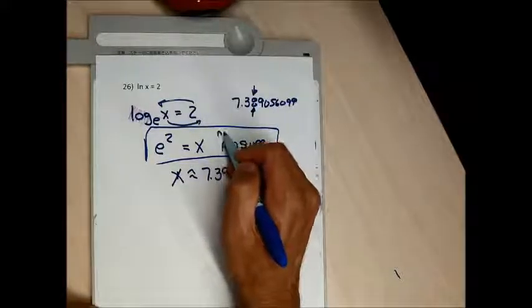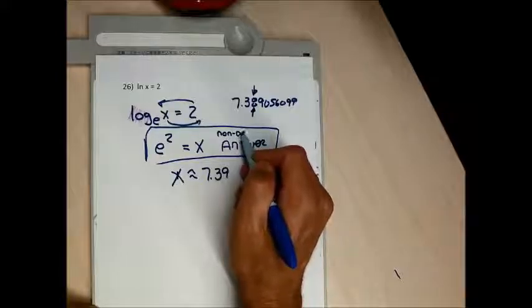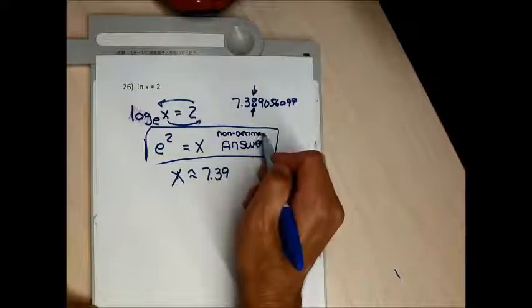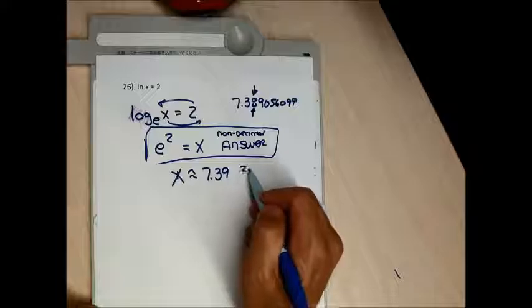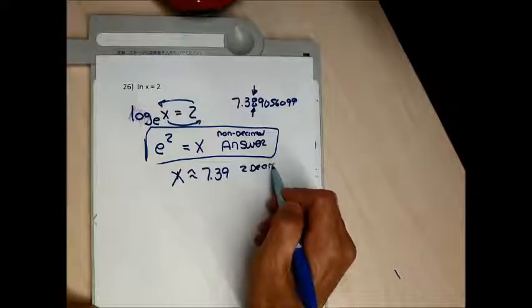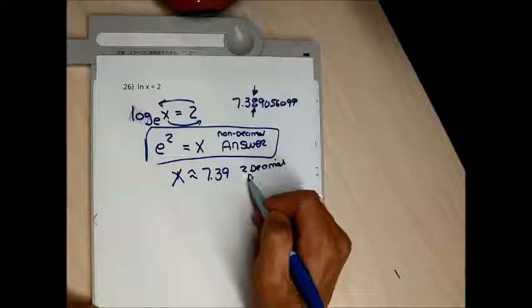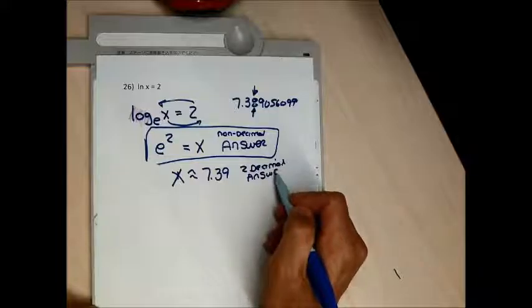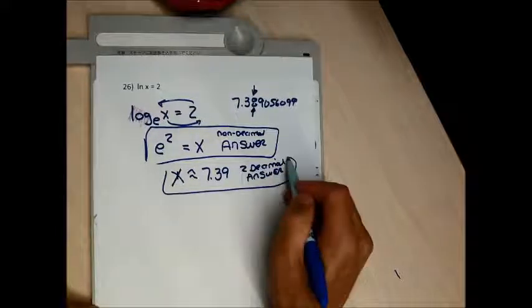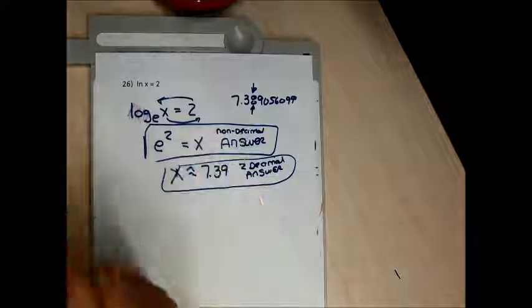This is a non-decimal answer, and it's actually more accurate. And this is the 2 decimal answer. The instructions ask for a 2 decimal answer, so this is probably what you should write. But I'd live with an exact answer because in some sense it's better.